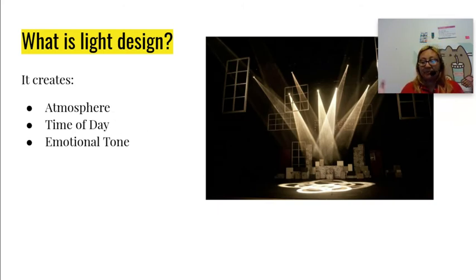So, for example, if it's supposed to be morning in the play, you can actually create that using the backdrop. Remember, we had that long piece of muslin cloth that we were painting for the Wizard of Oz.